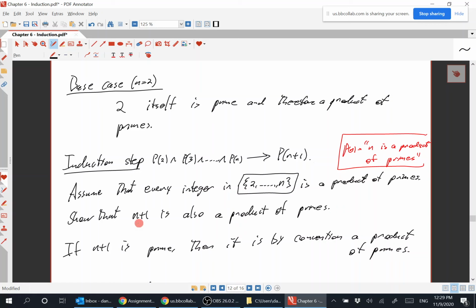So the way it works here is, well, the predicate Pn is that n is a product of primes. That's what we're trying to prove. Okay, so assume that every integer from 2 to n is a product of primes. And now we want to show that n plus 1 is a product of primes. So every number from 2 to n is a product of primes by assumption, and we want to show that n plus 1 is a product of primes.